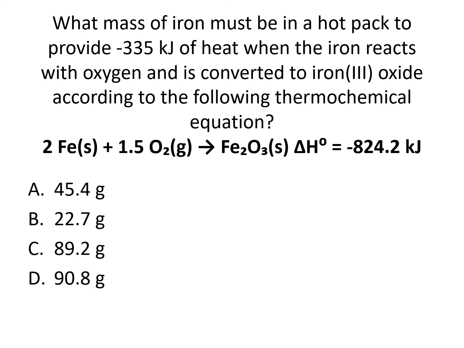So when we have 2 moles of iron, negative 824.2 kilojoules of heat would be produced. And the question is, what mass of iron would be needed to make negative 335 kilojoules of heat? Notice it's asking for mass of iron, so all your answers are in grams. But our relationship is between kilojoules and moles.